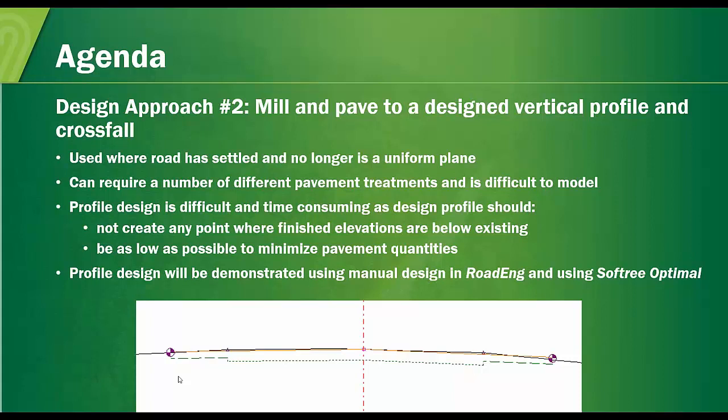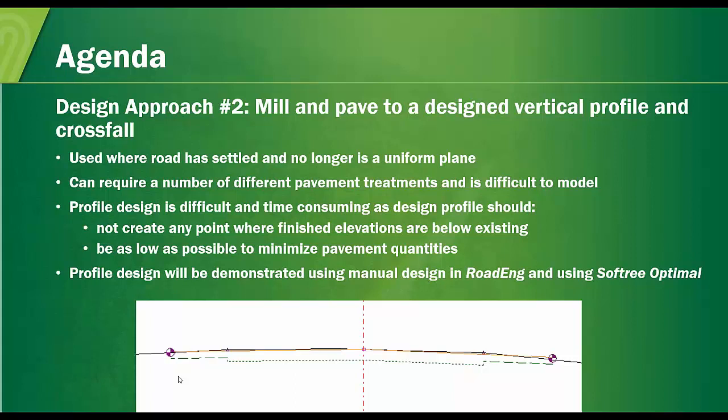This would normally be a case that you would want to avoid, as the design elevation is below the existing. Here, if you tried to mill the top lift of the existing pavement, you could run into issues as the remaining existing pavement would be too thin and could be broken up and then would have to be removed before paving.